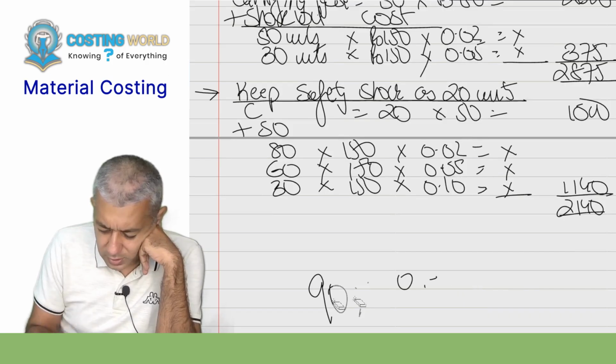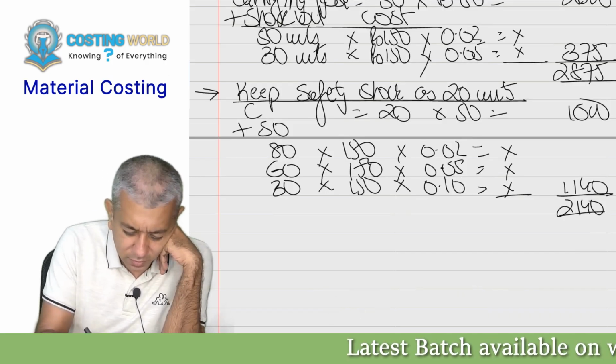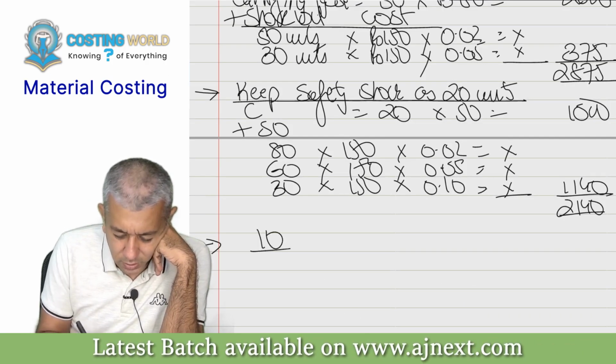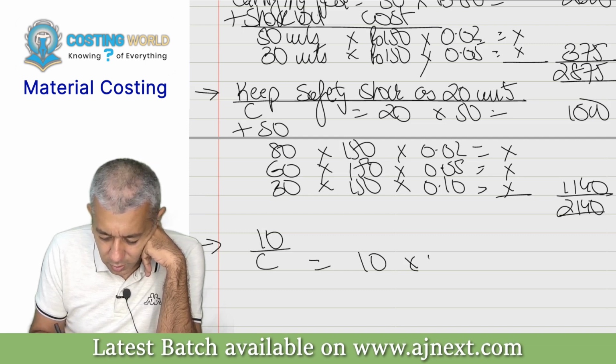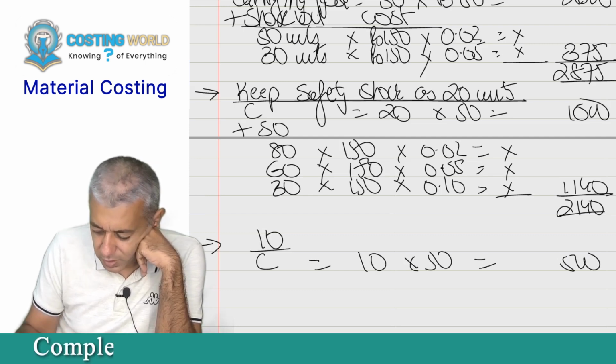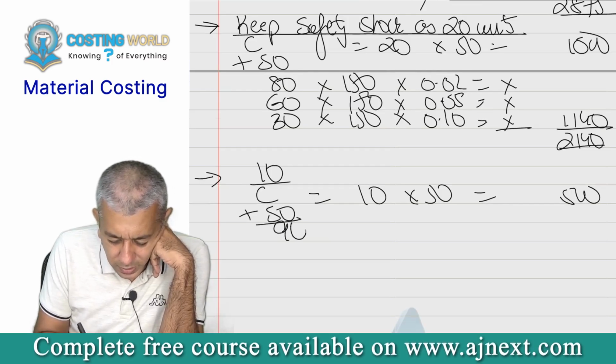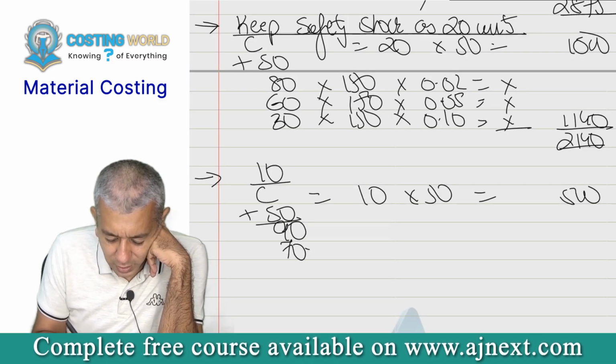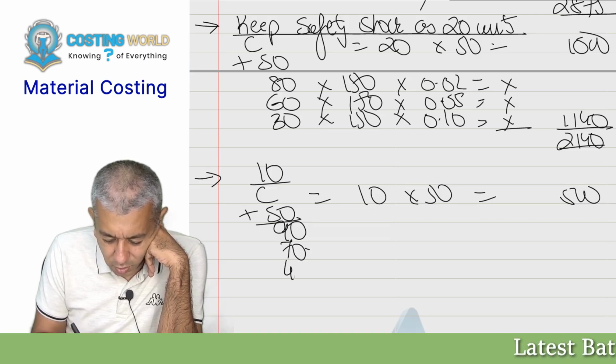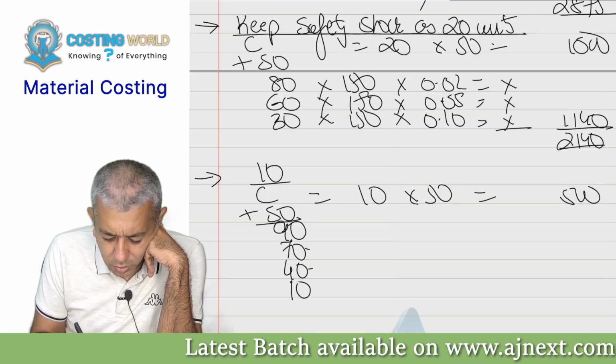Then next one, in this case, keep the safety stock as 10 units. Carrying cost will be 10 into 50, 500. Plus in this case, stock out cost. There will be 90, there will be 70, there will be 40, there will be 10, no?